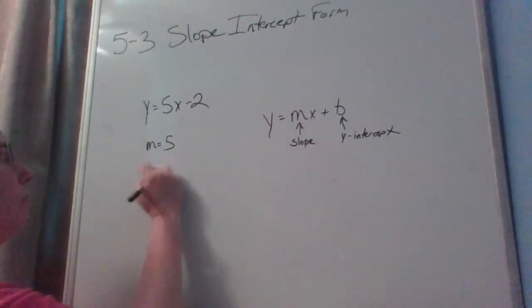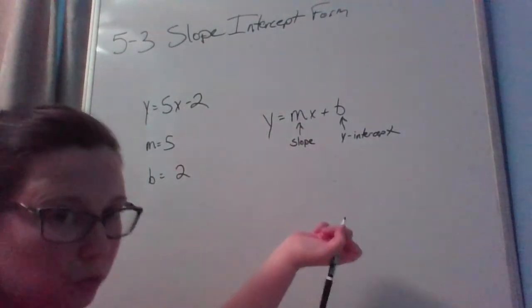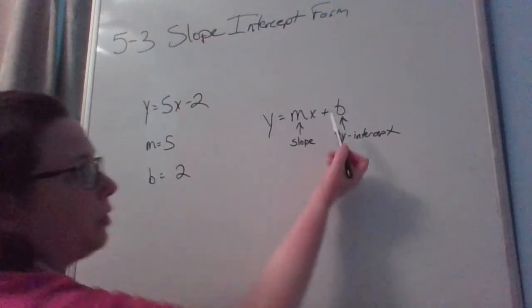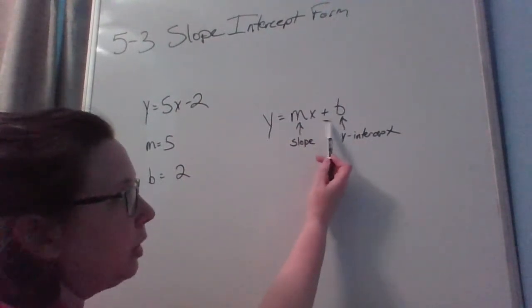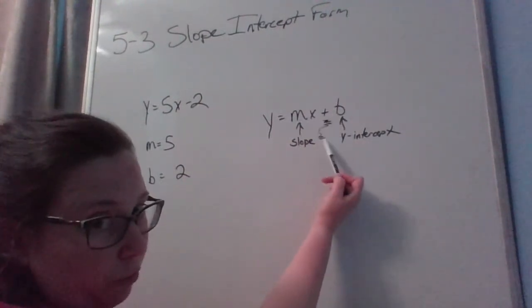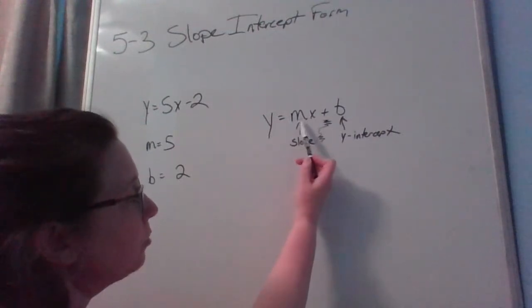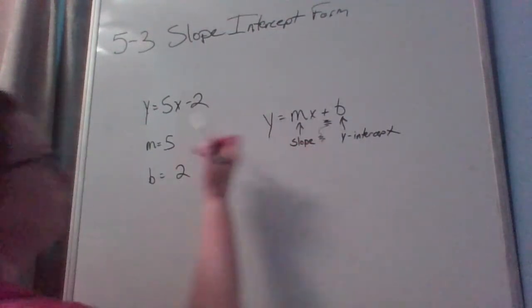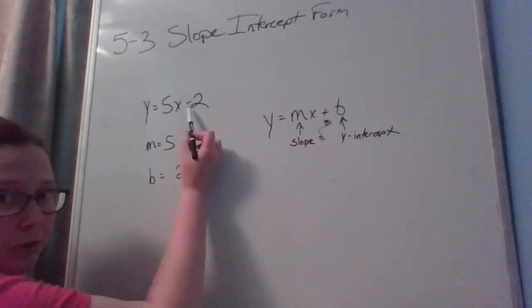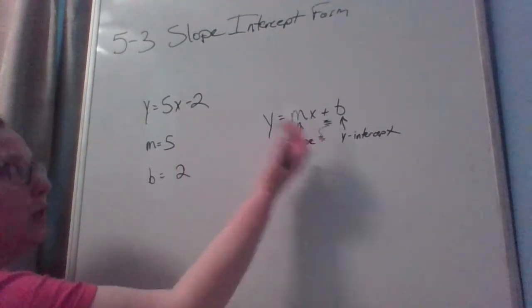So we can say 2, but here's the issue. Our formula is plus. So our formula says y equals mx plus b. Notice this is subtraction, not a plus.